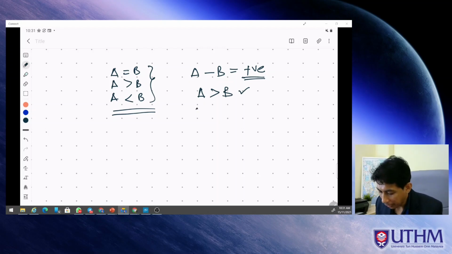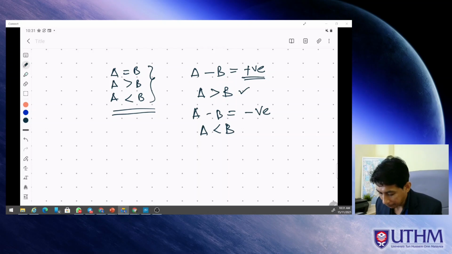And if we have a minus b, the result is negative, that means a less than b.